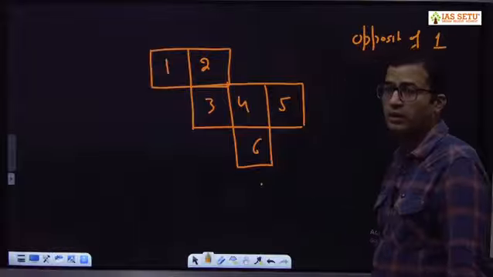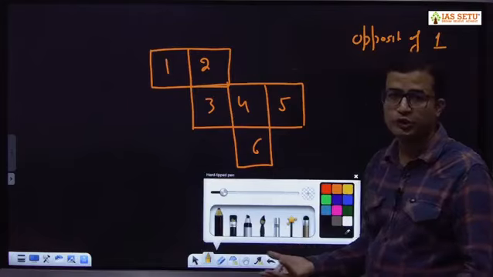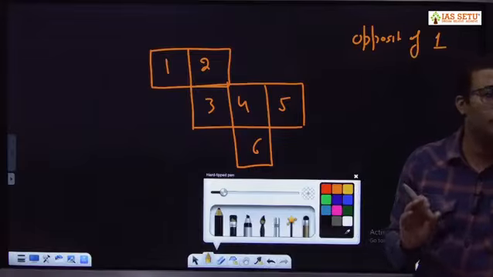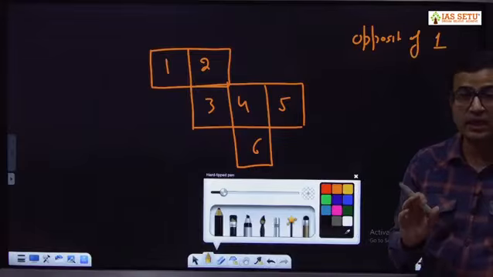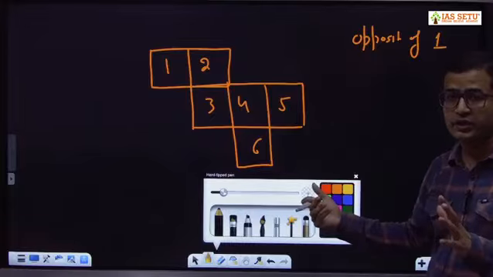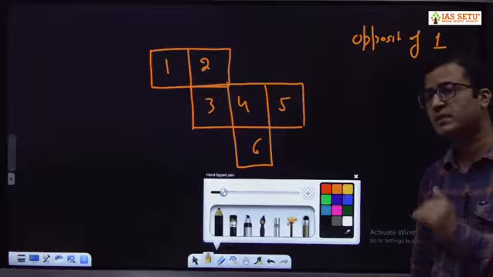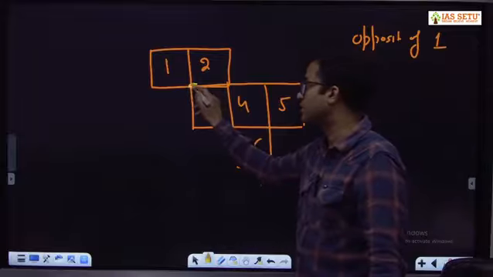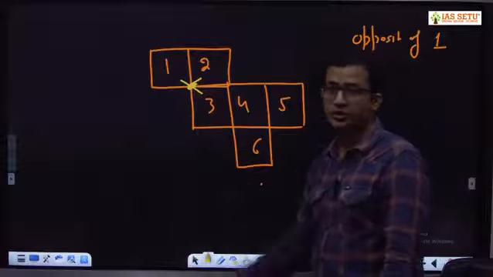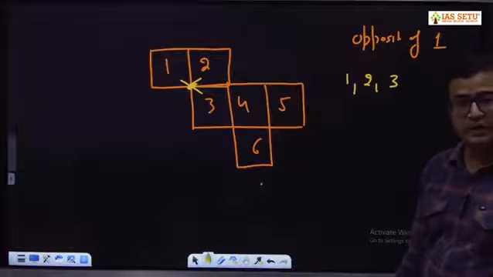Okay, so what we will do, yes answer is fine, but here it's your choice. या तो आपको सीधा आंसर पता है, ठीक है, कि 1 and 4 opposite, I'm happy, 5 सेकंड में आंसर आ रहा है, या you are folding in your mind, you are using a diagram, you are using an eraser, or you are using this method, property number 7. Property number 7 से कैसे solve करेंगे? We take this vertex. It is common for 1 2 3. So can we say 1 2 3 are on adjacent faces?